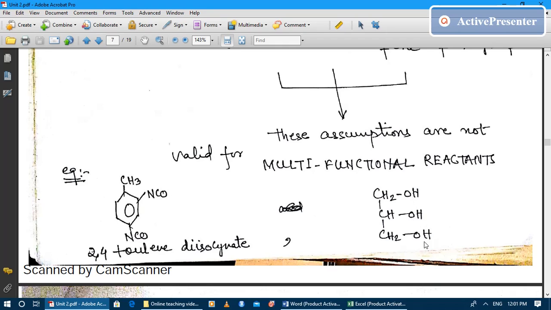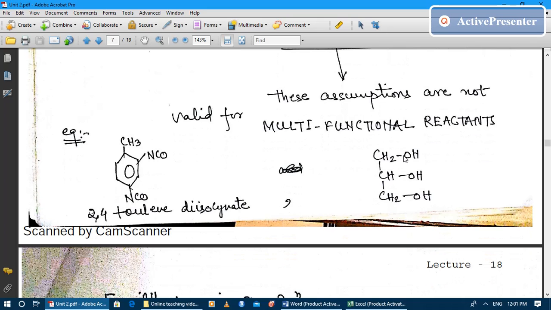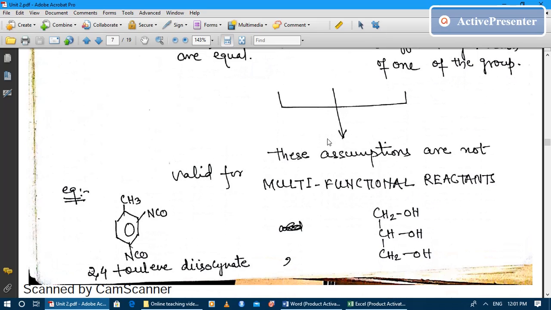Similarly here, the reactivity of the hydroxyl groups attached to the first, second and third carbons is not the same. So some multifunctional reactants don't show the same or near the same reactivity. The reactivity of the functional groups differs quite a lot. So these assumptions of the rate kinetics are not valid for this kind of reactant.